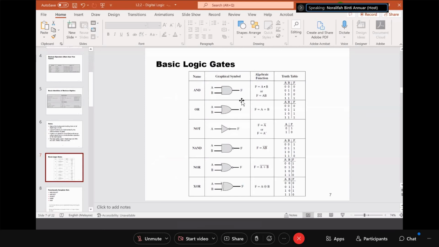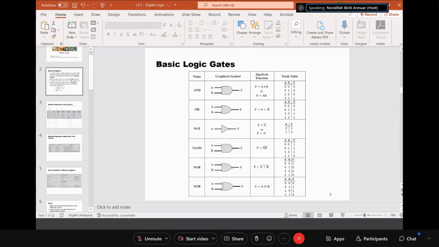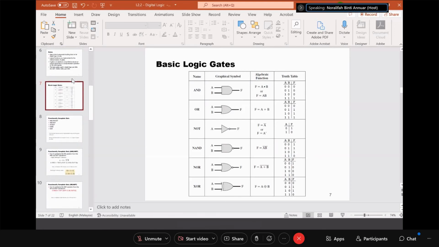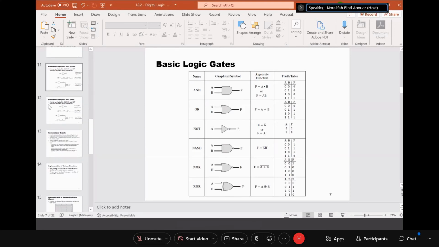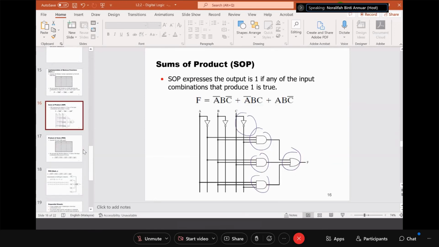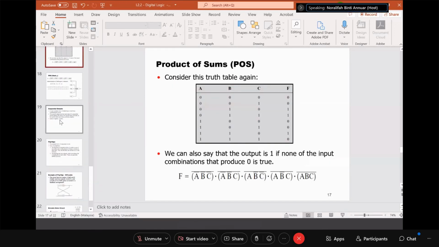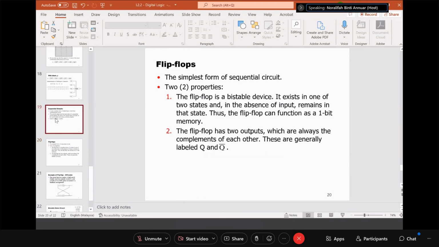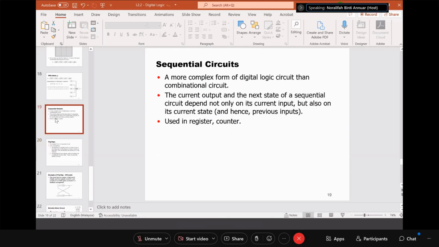Same thing. You see A and B? A and B are just any letters they can use. It is the same for this lecture from slide number 3 until slide number 19. It's the same thing. The flip-flop is a bit different.